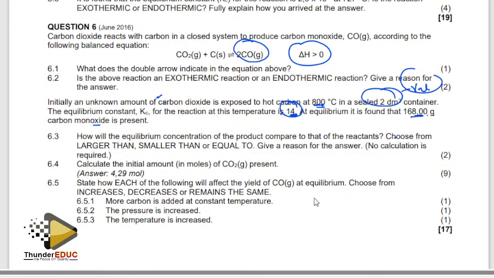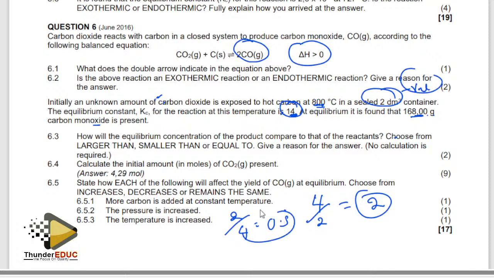Let me give you an example. If the product is 4 and the reactant is 2, the answer is gonna be 2. You understand? Now if the product is 2 and the reactant is 4, the answer is gonna be 0.5. You see?